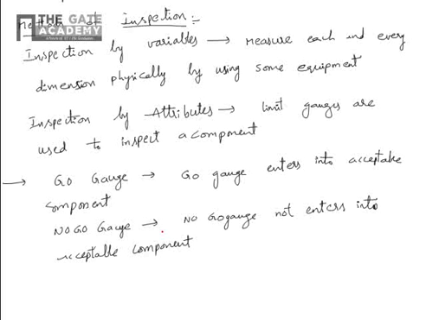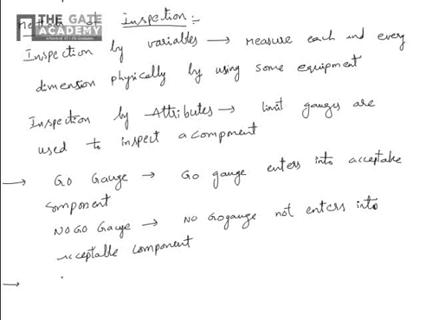If you want to inspect the hole, the gauge is shaft shaped. So if I am inspecting a hole, I use a plug gauge similar in shape to the shaft, and both go gauge and no go gauge have the same shape. If the go gauge enters the component, it is accepted, and again you check with the no go gauge, which does not have to enter the hole, then the component is accepted.